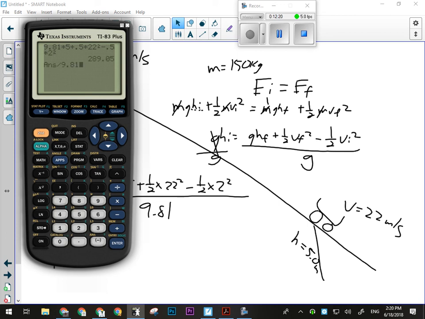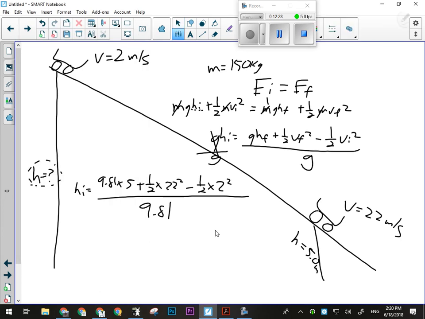So this thing is going to be 29 meters above the bottom when it starts. Questions on that one? We did a whole bunch like that, a bunch of roller coaster questions that were essentially the same as that back in the unit. All right, what else do we want to go over?